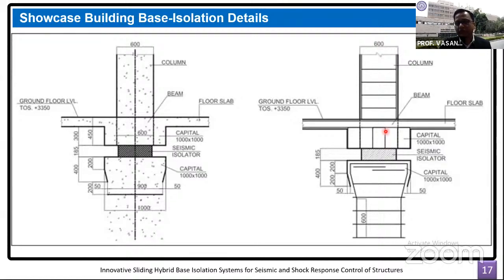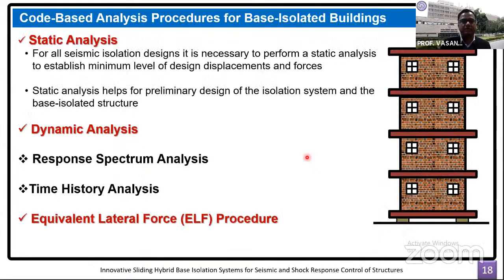Again, there is a word of caution here. The thickness or the depth of the capital cannot be as large, particularly when its plan dimension is lesser, because then the effectiveness of isolation system will be reduced because the degree of freedom associated with the isolation will be shifted. So it is important that the degree of freedom of the base raft is as close as possible to the isolation. Thereby, the effectiveness of isolation can be better achieved.